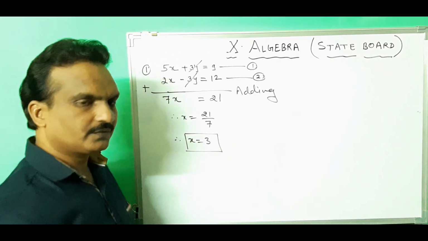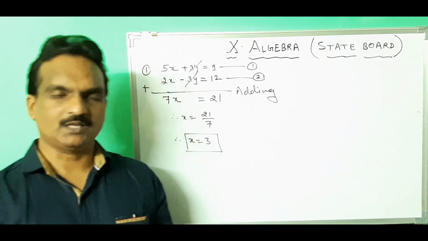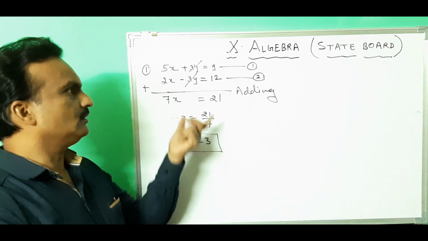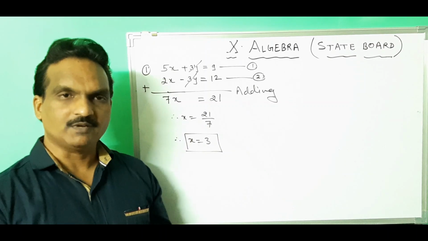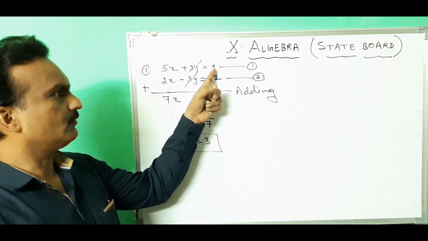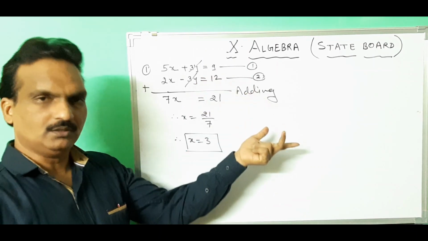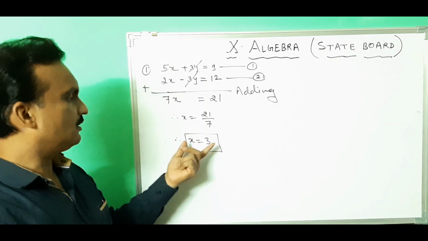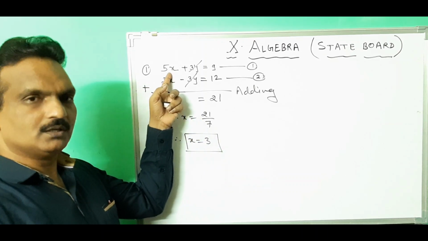You got the answer for x. One variable you got. Now, on the basis of this, you can find out the value of the second variable also. Put x equal to 3 in equation number 1. You can put it in equation 2 also, right? So I am putting the value of x in equation number 1.